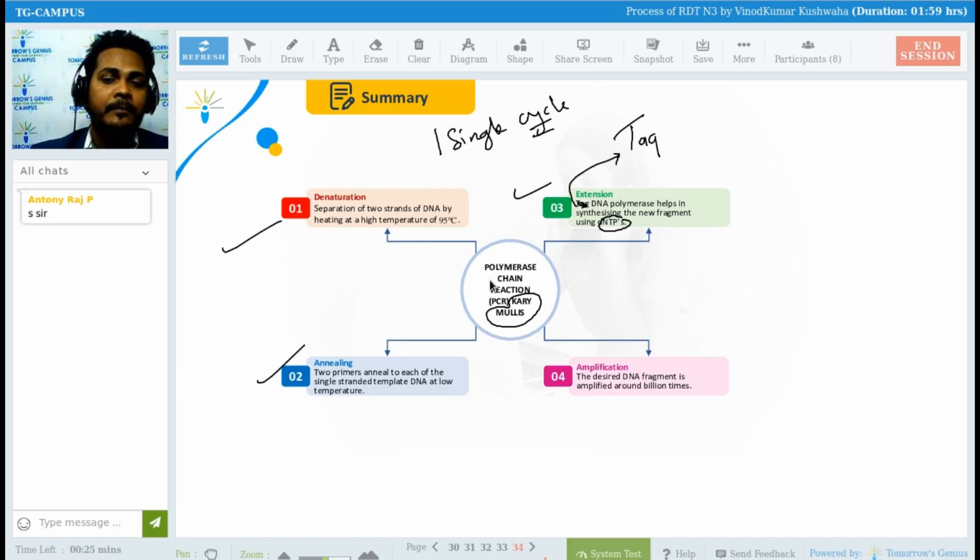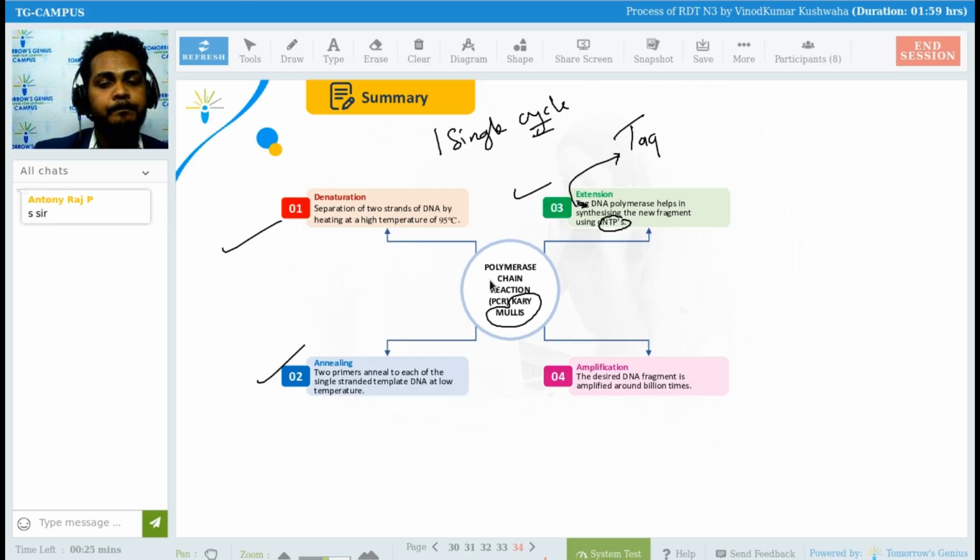For that purpose dNTPs are used: they break and release the energy so that it can work. So basically, this Taq polymerase helps in the synthesis of a new fragment, using the dNTPs. Okay, sir. So, clear?